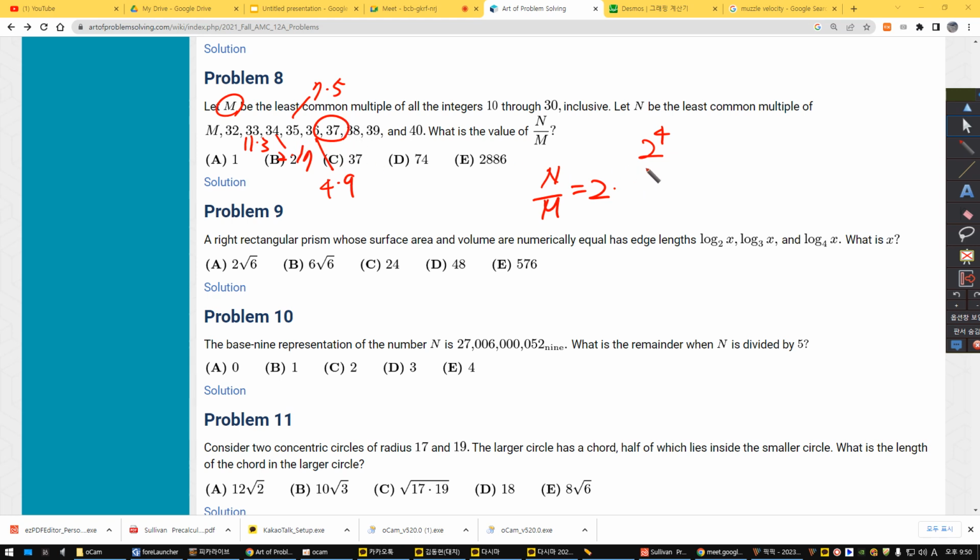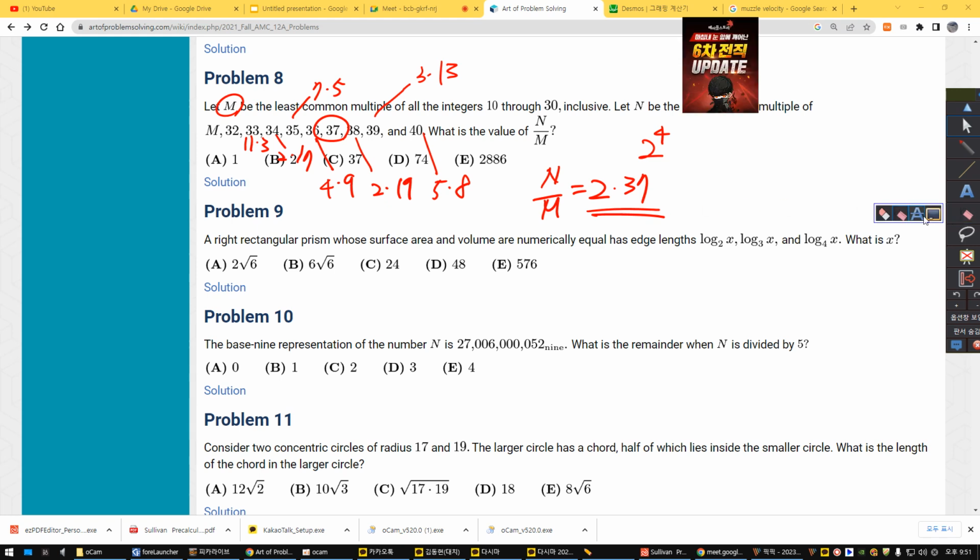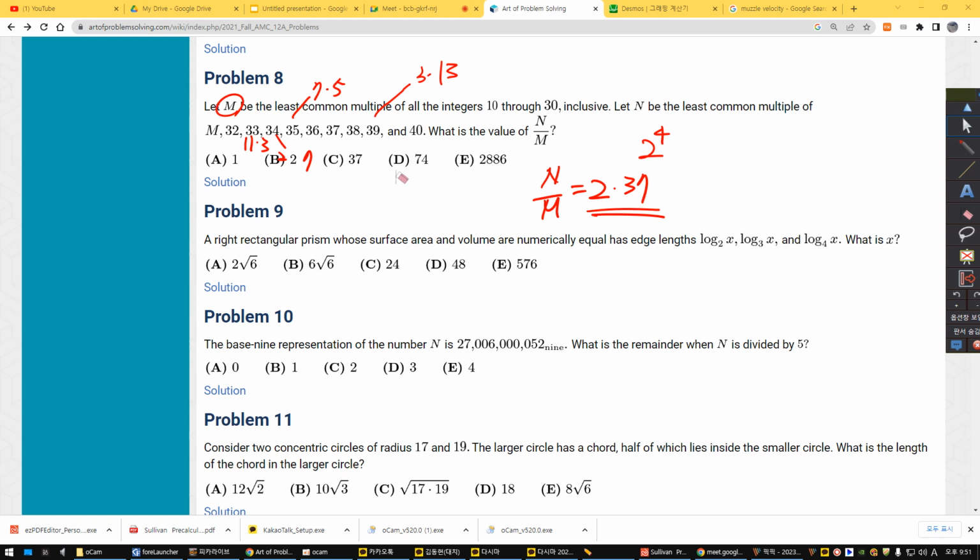That means we need to multiply 37 to make n, and 38, 19 is included, 39, 13 is included, 40. Yep, so we need these two more factors. Yep, so what's the product of these two? D. The product of these two is, yeah, D. D, 74.